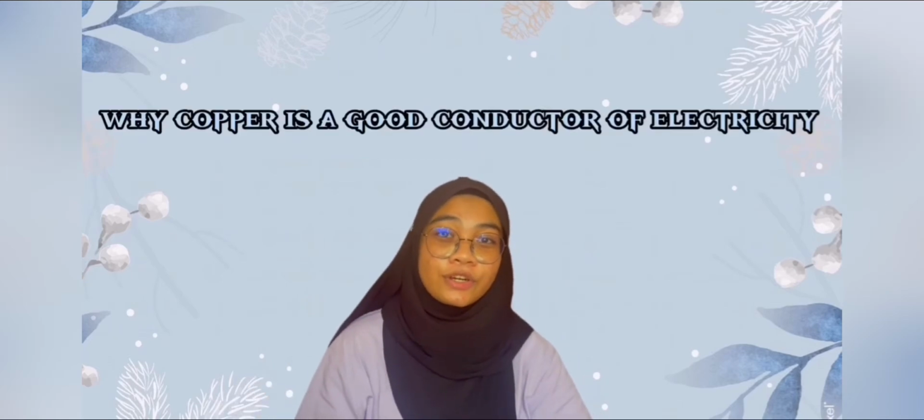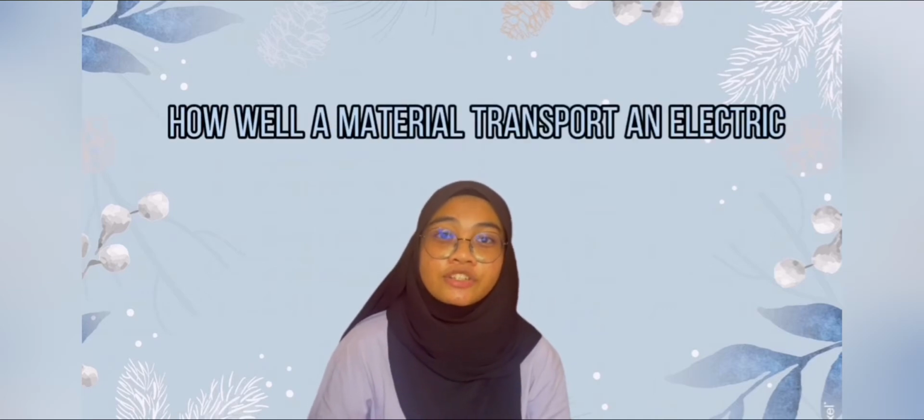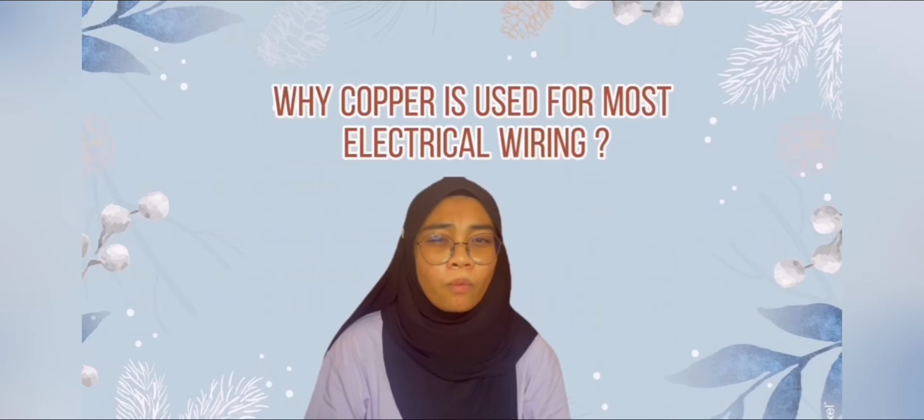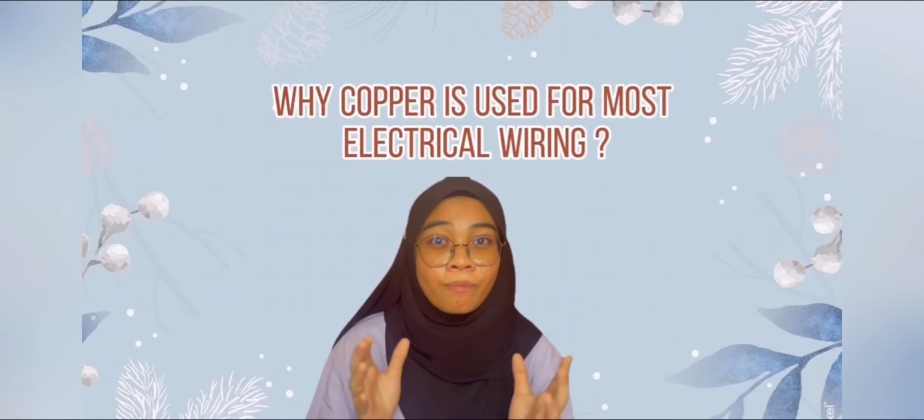Hi, I am Aina, and now I will present to you guys about why copper is a good conductor of electricity. Electrical conductivity is a measure of how well a material transports an electric current. Guys, did you know why copper is used for most electrical wiring?